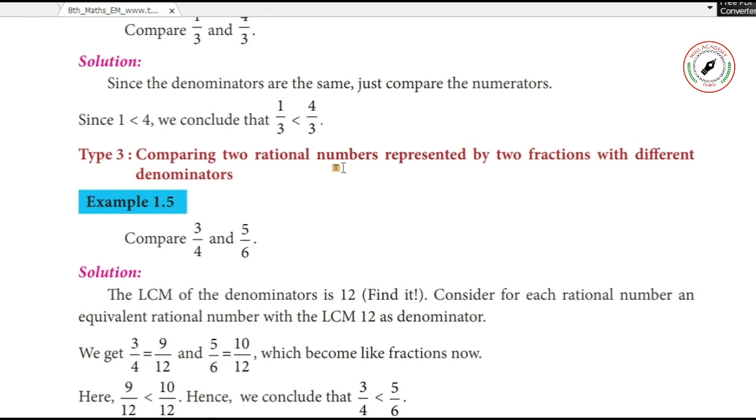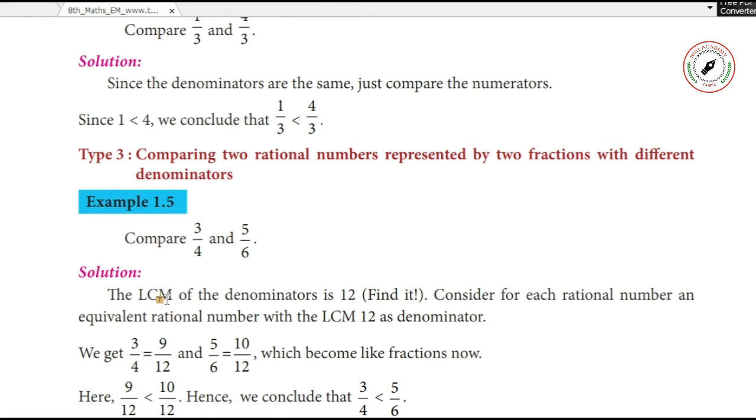Now, come to the third example. Comparing two rational numbers representing two fractions with different denominators. Here you see the denominators are different: 3 by 4 and 5 by 6. Here we have to understand one point called LCM, the common multiple.